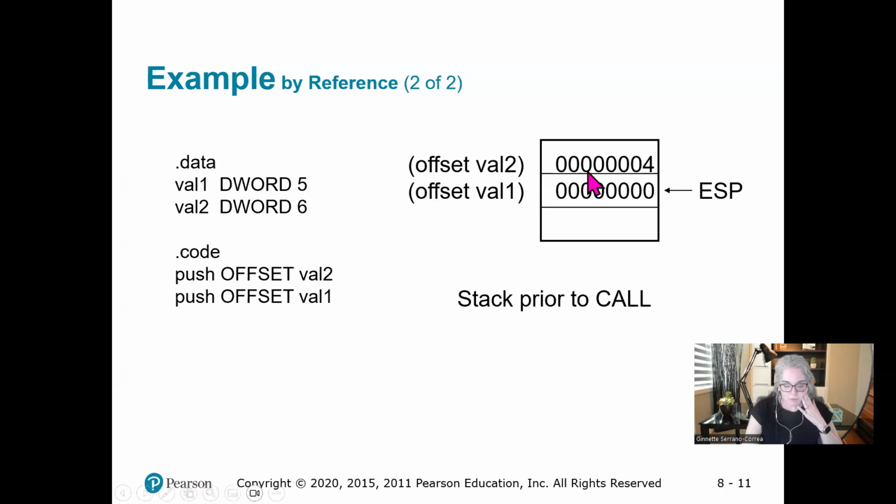So offset val2 will get the address of this variable and put it onto the stack. So this is the address of where the 6 is. This is the address of where the 5 is.